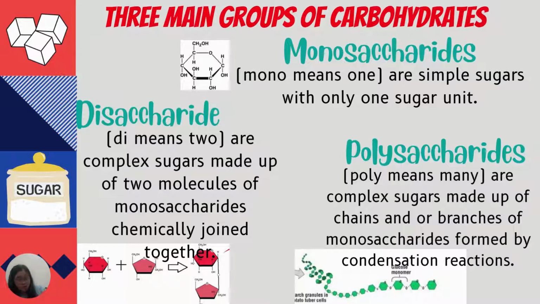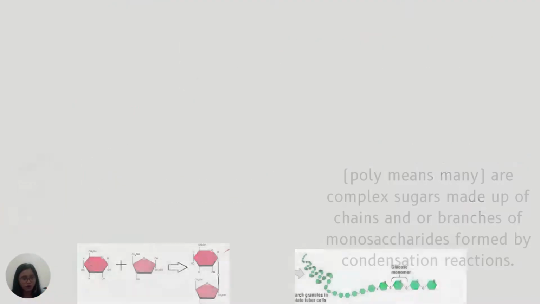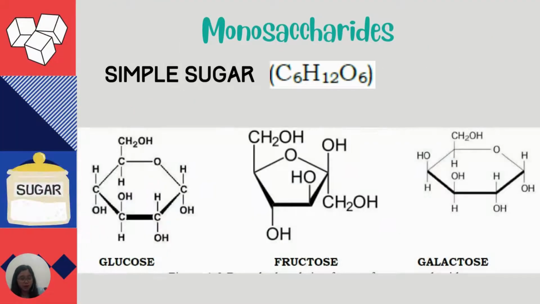They are complex sugars made up of chains and or branches of monosaccharides. Meaning, marami ng monosaccharides forming a chain or branches. So those are polysaccharides.